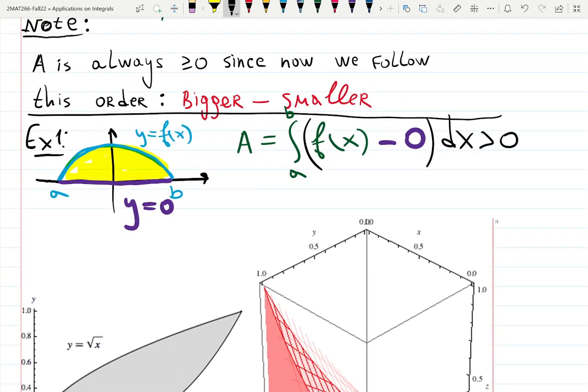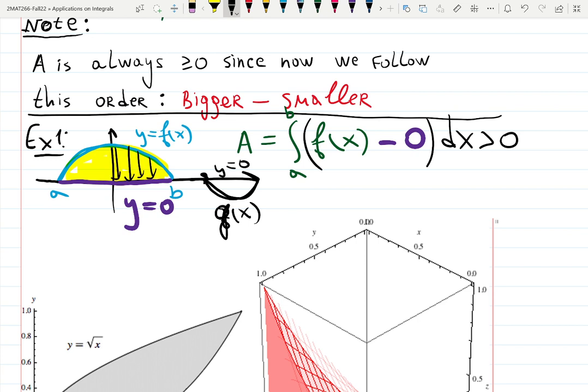So when we told you that when the area is below the x-axis, it's negative, it's not negative because it's below. It's negative because it's going to be 0 minus the function g of x. And that's why it was minus g of x. Make sense? So now we know that actually it was not area below the graph. It was area between graphs.